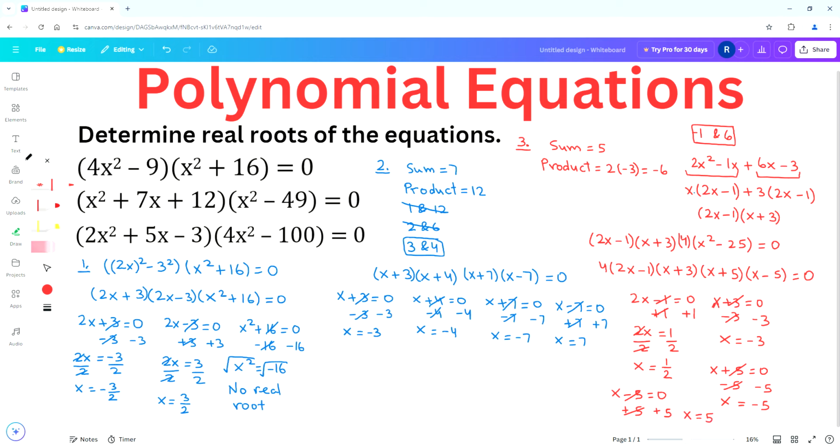The fourth real root is 5. We ignored the 4 to find the real root because 4 is just a constant. It has no x with it. So this equation has 4 real roots. So these are the steps you have to keep in mind to solve a problem like this one.